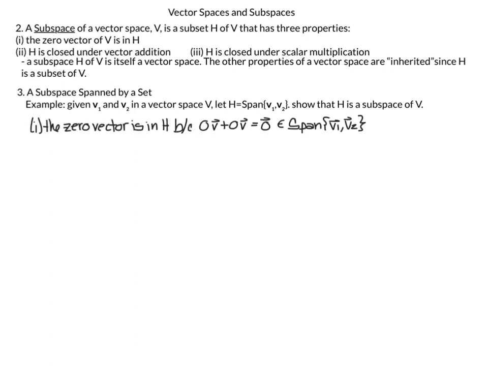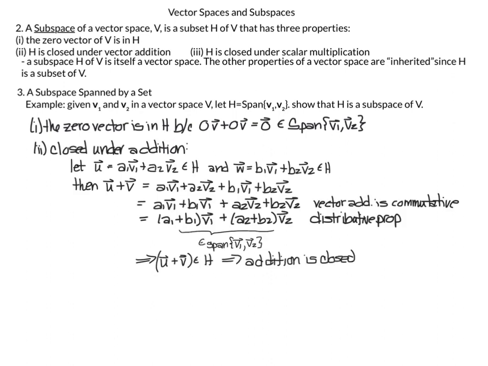First, the 0 vector is in H because 0 times v1 plus 0 times v2 is equal to 0. So it's in the span of v1 and v2. Just a note, whenever you see span of v1, v2, you should think linear combination. I've written my linear combination and shown that when my coefficients are 0, I get the 0 vector. So it is definitely in H.